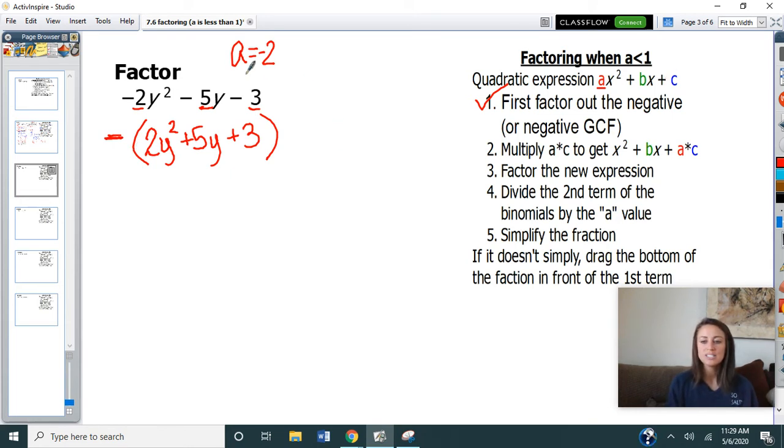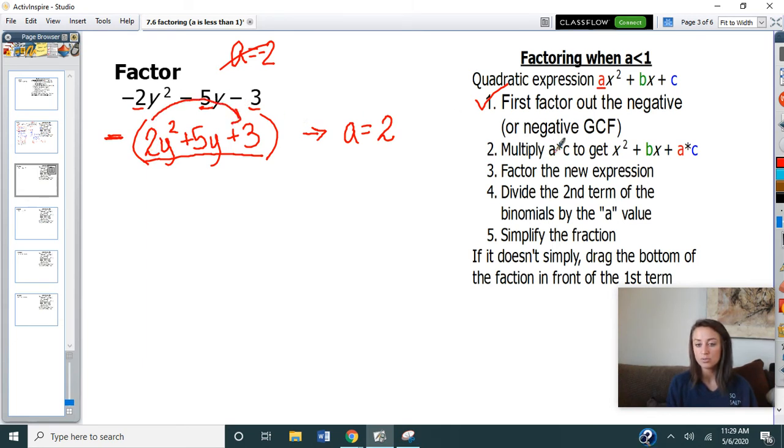Now we're going to factor this. Remember, our new a value is no longer -2 for this problem, our a value is 2 now. So now we're going to follow the steps as if we were to factor this. Since a is bigger than 1, we need to multiply the a times the c.